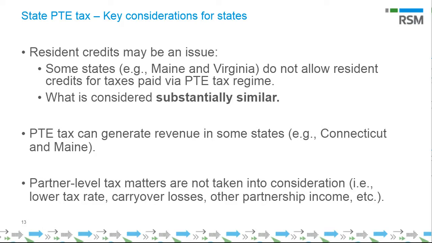He was going to be significantly detrimented by these pass-through entity taxes, because even though he was going to be getting a federal benefit, on the state side he was losing out on all of the resident credit he normally would have gotten for taxes paid to New York, because Virginia was disallowing that. So he was actually paying all of his Virginia tax in addition to the New York tax, and he was in a really bad position.